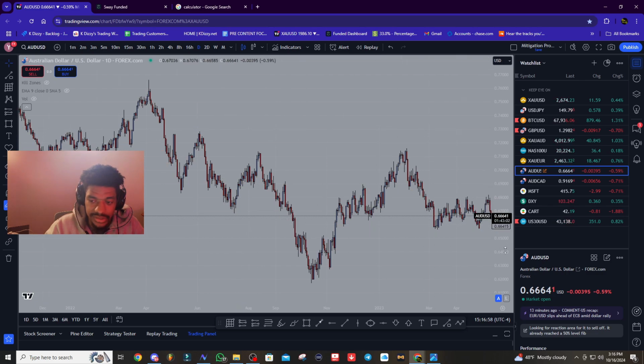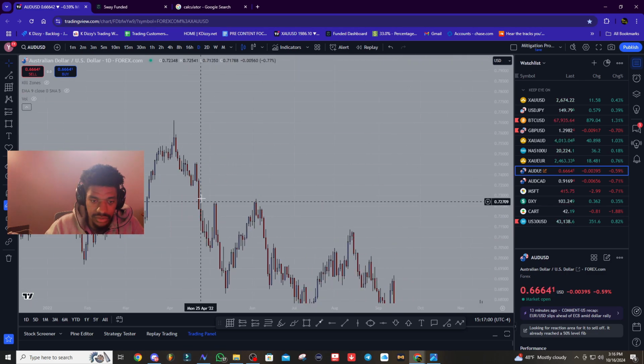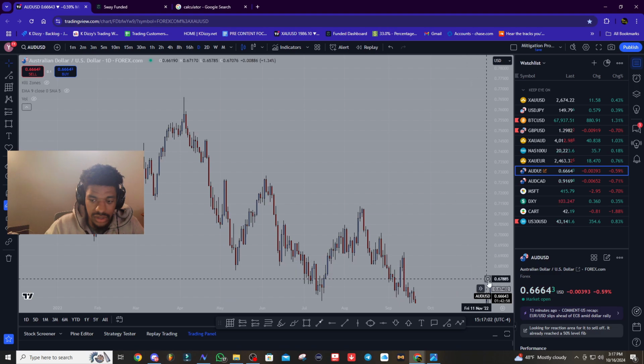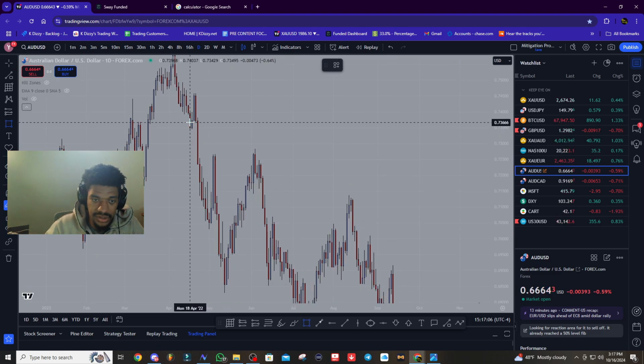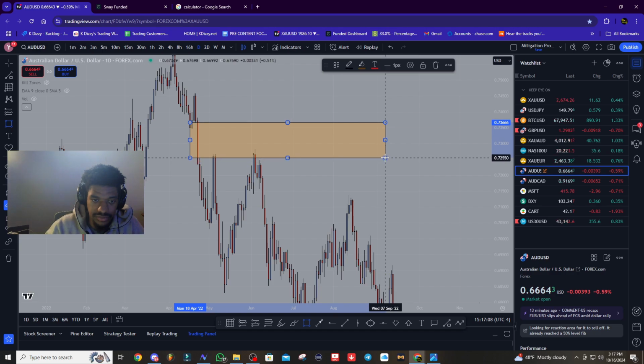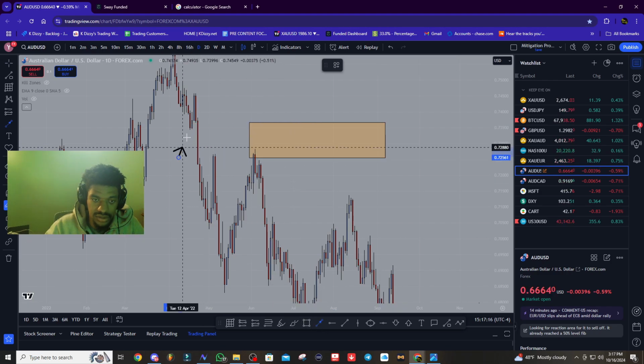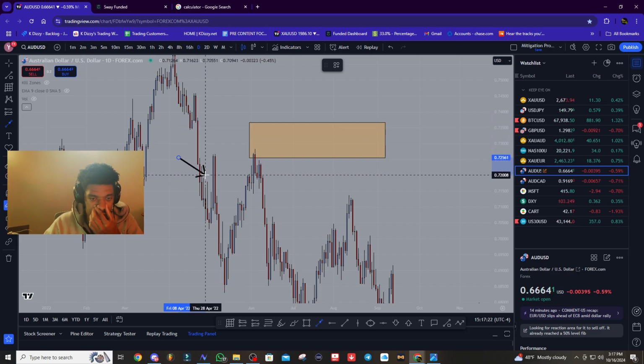Oh, I found one right here, and I'm seeing this based off of what already happened. Usually, yeah, let's see, just to show you guys. Boom, this red candlestick, the wick, and the wick, right?